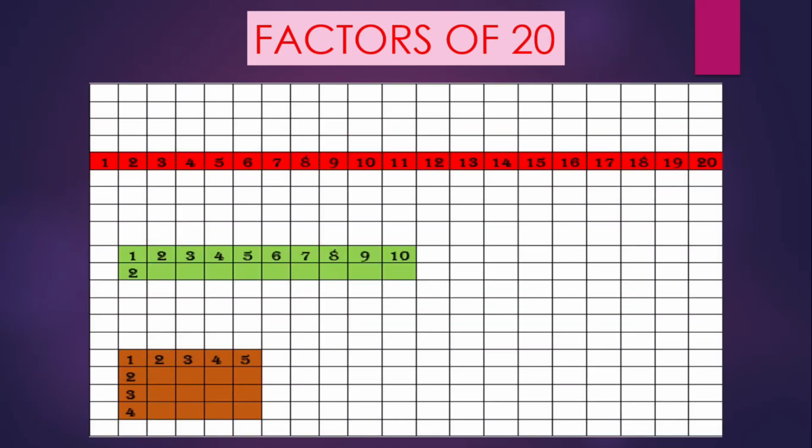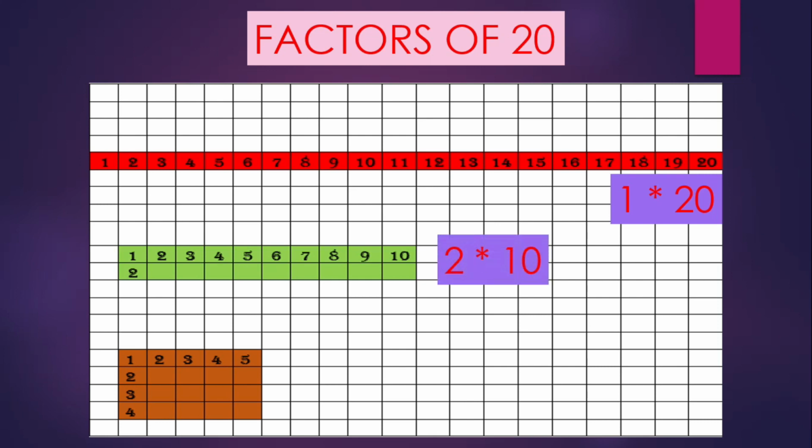Now students, moving on to one more number, and that is 20. As you can see, this is the first factor of 20: 1 20s are 20. Next we have 2 10s are 20, and the next number if I take 3, 20 we do not get in the table of 3. So what do I have to do? Next number 4.